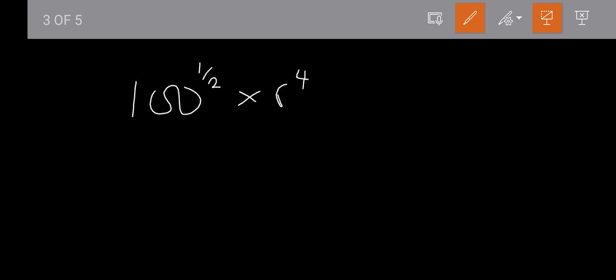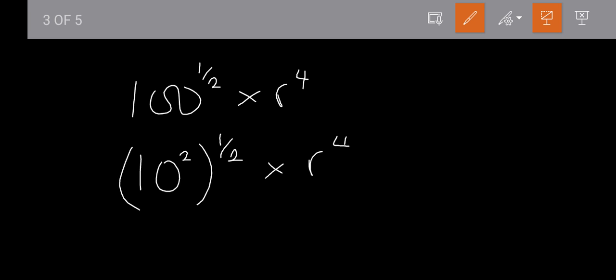And 100 can also be expressed as 10 raised to power 2. So I have 10 raised to power 2, all raised to power 1 over 2, times r raised to power 4. Now remember, this is also power index. It means that we're going to multiply the powers together.